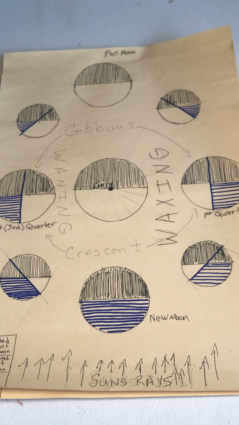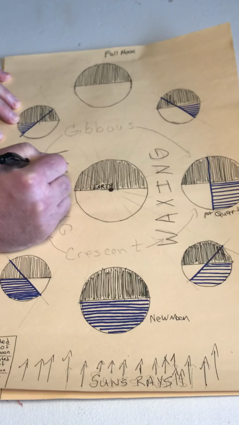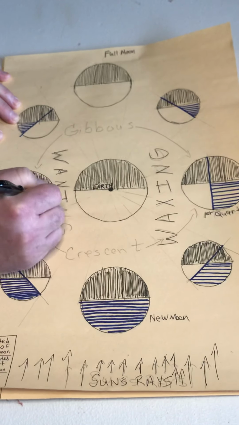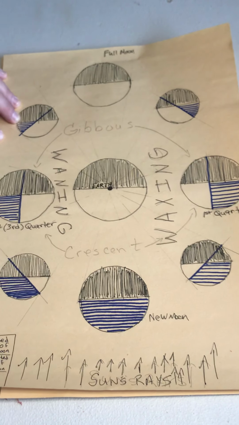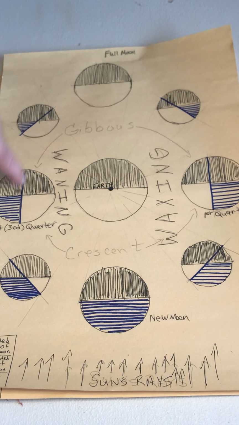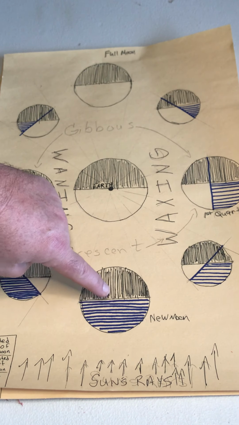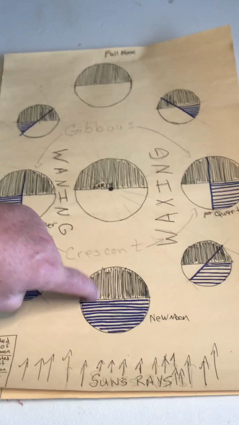So the part that is visible to us, that is lit up, is shrinking, and that is called waning. And I'm going to write it all the way down this way, because from full moon, that exact point in time, all the way down to the next new moon, the light is leaving the moon. The part of the moon we see that's illuminated shrinks down to where we cannot see anything at new moon.